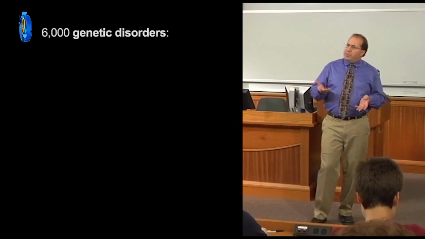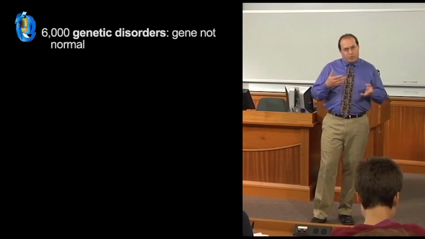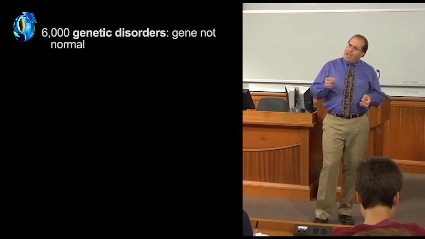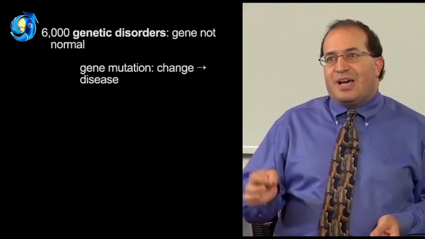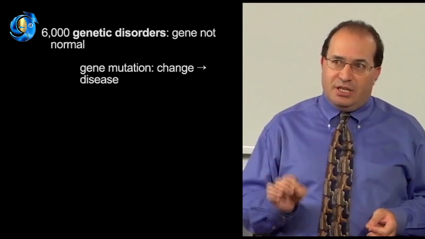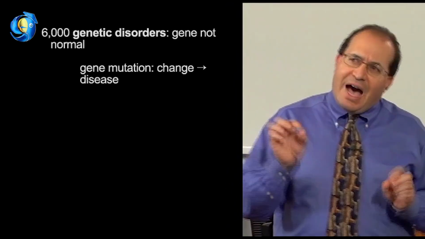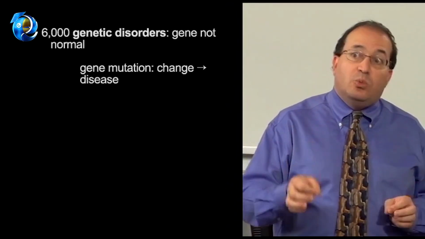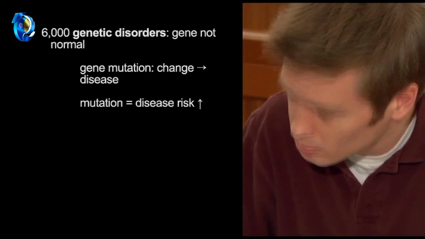A genetic disorder means something isn't normal in the person's genes, a mutation. A change in one gene can cause a disease, and a DNA test can show if someone has a mutation in a gene that puts them at risk for the disease. Notice, I'm not saying that a change in one gene will cause a disease, only that the risk is higher.